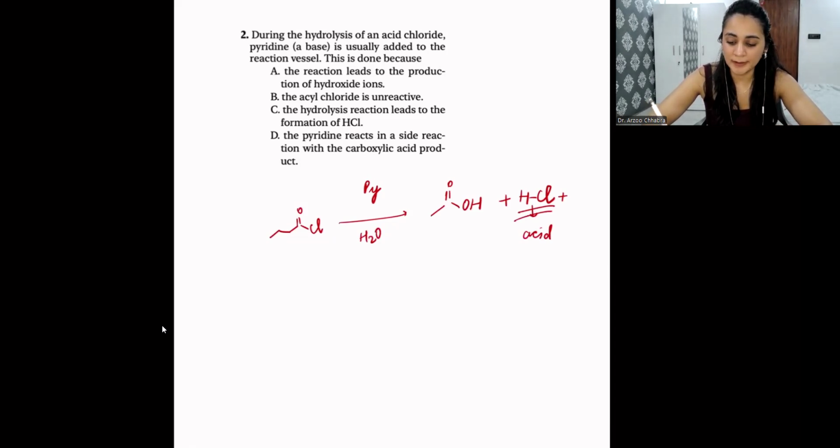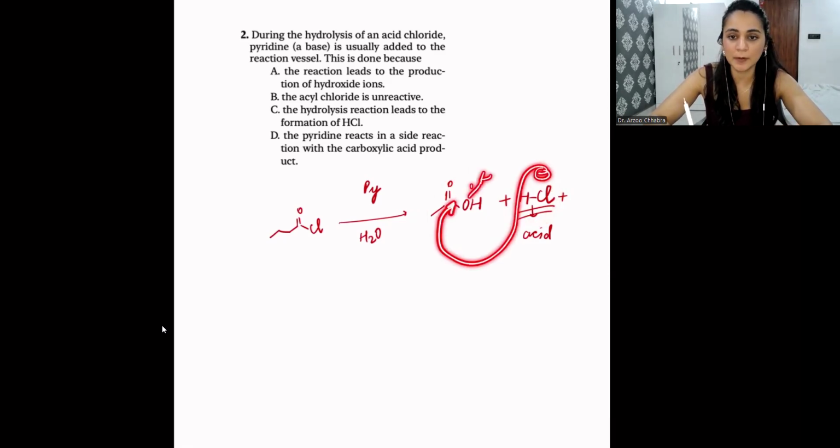And also, if we think about it, the carboxylic acid can very quickly react with HCl, because it will get protonated over here, and there's a possibility of a reverse reaction. If HCl is the side product of the reaction, then the Cl minus can attack here.